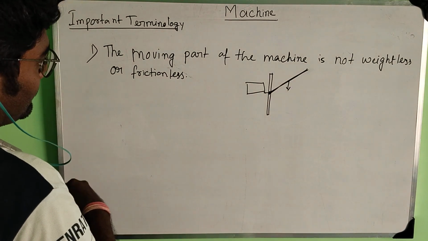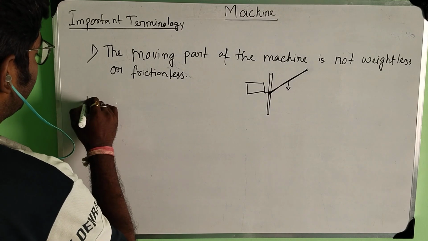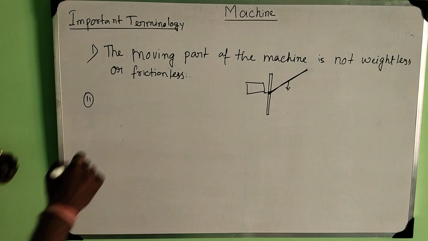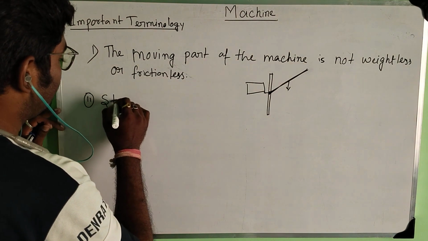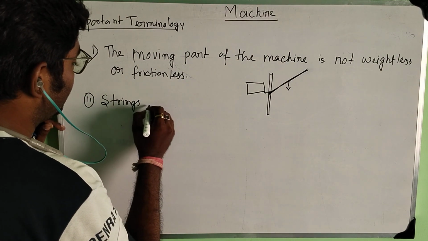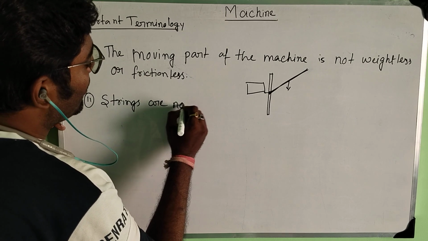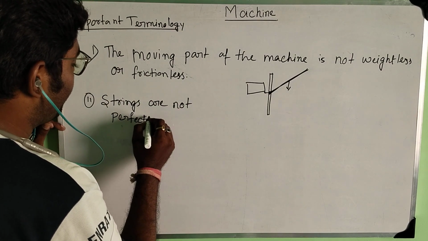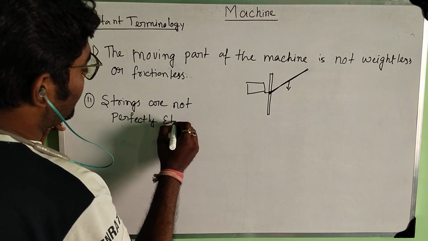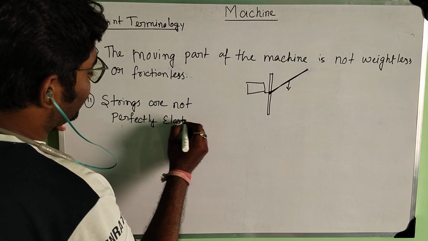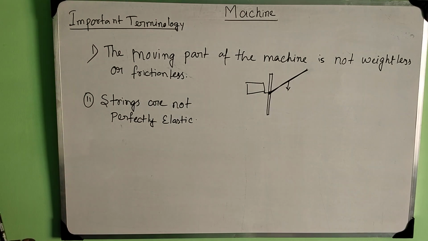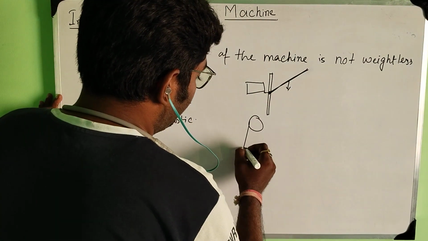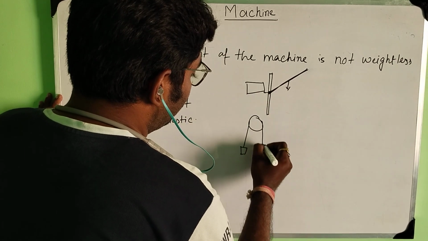Second one is strings are not perfectly elastic. In case of pulley, we use string.